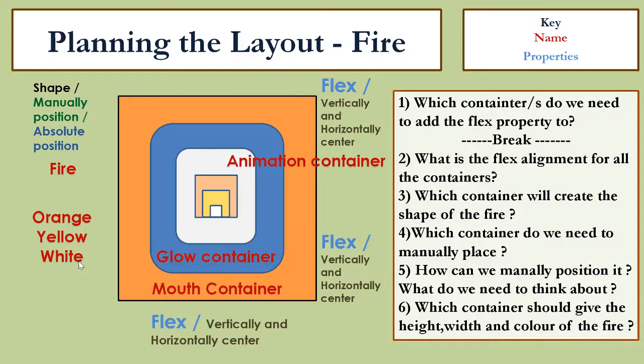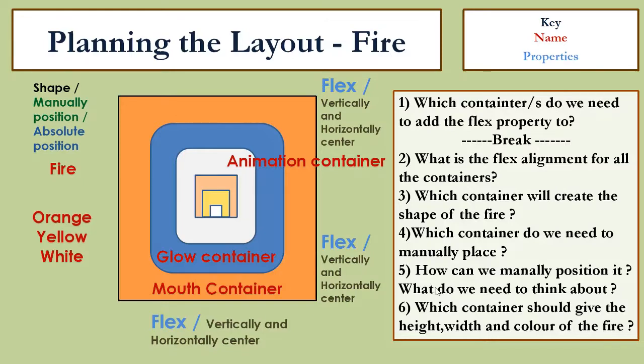The white box is the only box in the fire container. So what this means is that we can set the position with this fire container, and then all of these other boxes are going to be in that position. They will not change their positioning because there's an extra box here. So we're going to be using that absolute positioning tool.